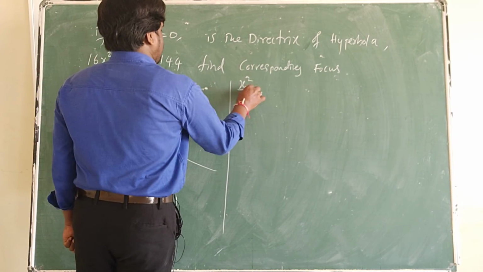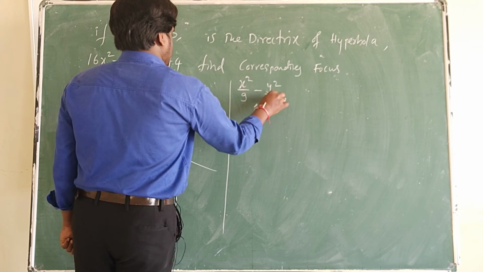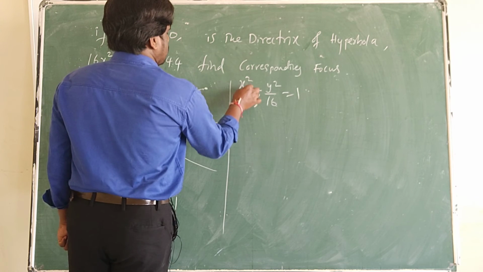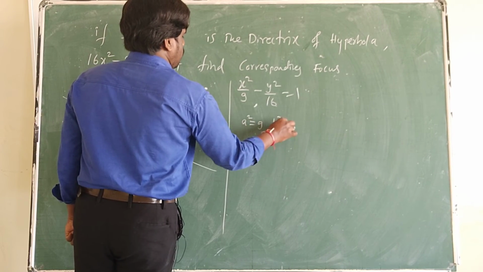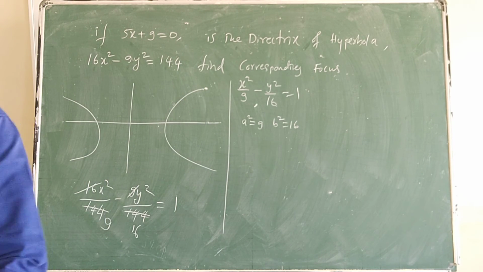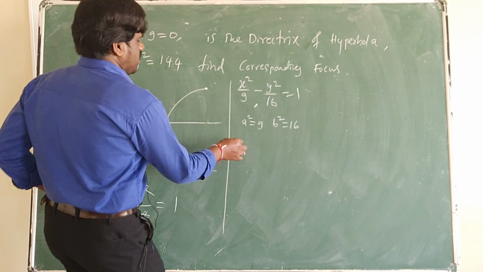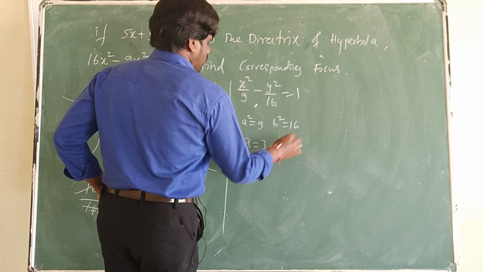X square by 9 minus y square by 16 is equal to 1. It means x square by a square, a square is equal to 9, b square is equal to 16. Correct? See here, a is equal to 3, b is equal to 4.